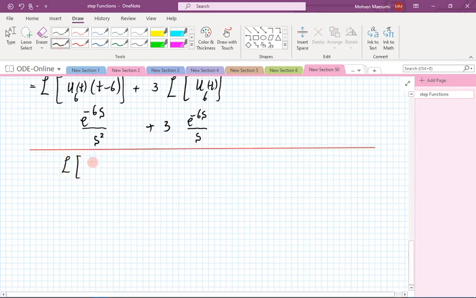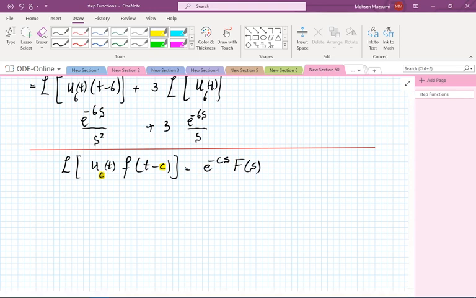Laplace transform of u c of t times f of t minus c, that was exponential of minus cs times F of s, we did derive this, but this relies on the fact that you turn on the switch at the same time that equals your delay in your function. Otherwise, no. Let's go look at another example where it is not so clear what we are supposed to do.